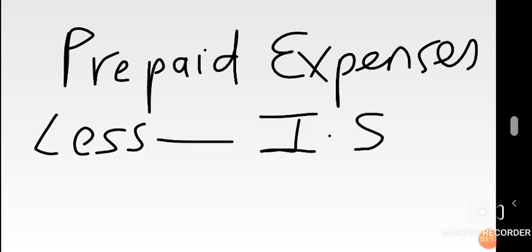For example, if rent was prepaid, maybe 400, in the adjustments, they tell you that. You always less that figure in the adjustments from what you find in the trial balance. That's the rule when treating prepayments.